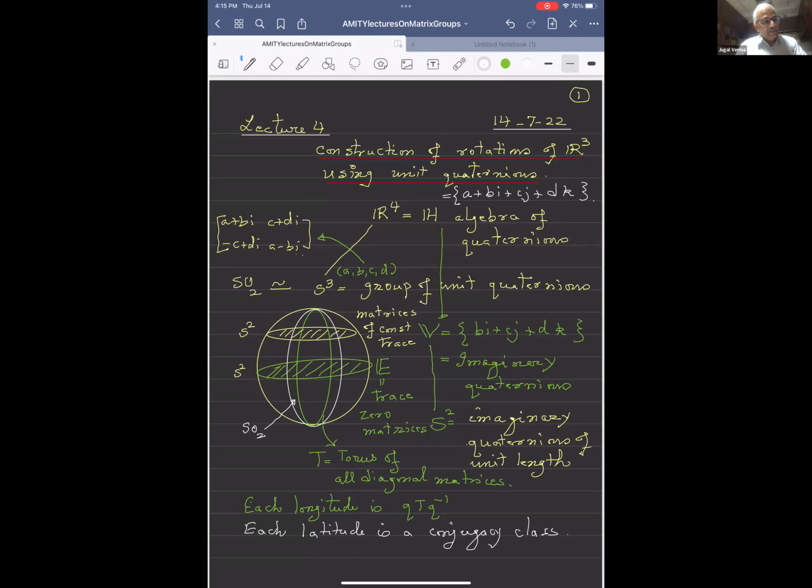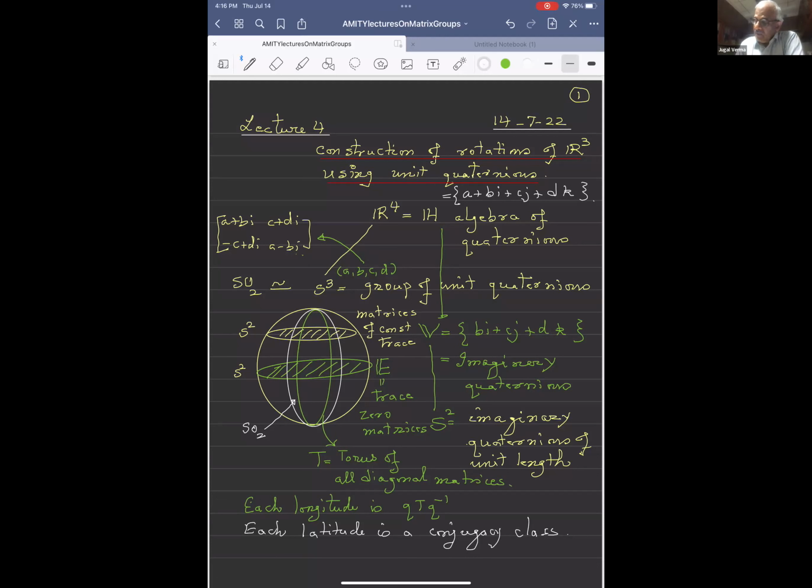If you are given a matrix in SO3 and you know that it is representing a rotation of 3-dimensional space, and you want to find the axis of rotation, angle of rotation, plane of rotation, to find the axis of rotation one has to find the eigenvector of this matrix with eigenvalue 1. We want to avoid such computations, and you will see that using quaternions gives us a faster method to construct the rotations that we desire.